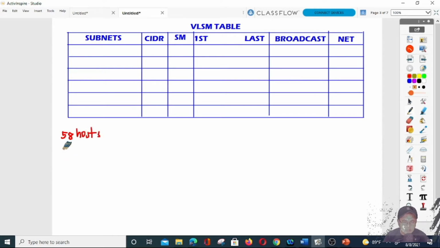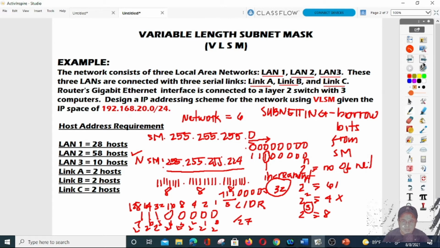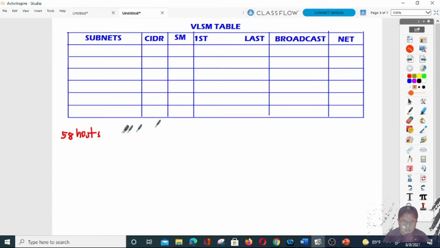And what is the next? The next highest is 28 and then 10. It should be in descending order, and then 2, 2, 2.